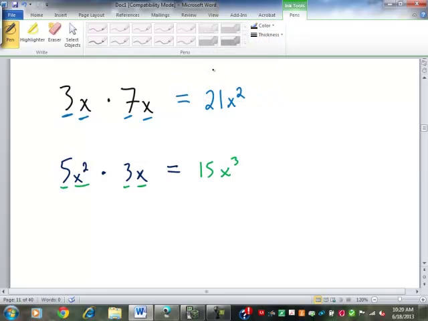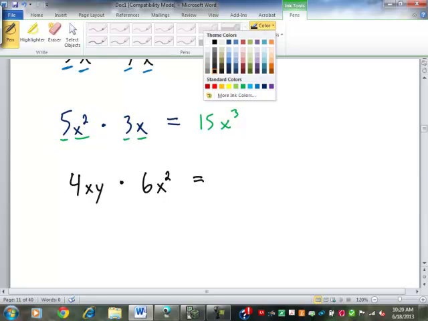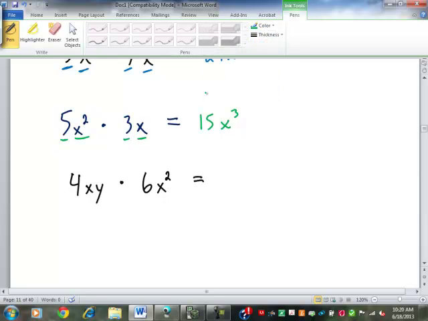We can have digits with multiple names. We can have something like 4xy. And I might multiply that by something like 6x squared. And when we do that, just like always, we combine the counts. 4 times 6 is 24.